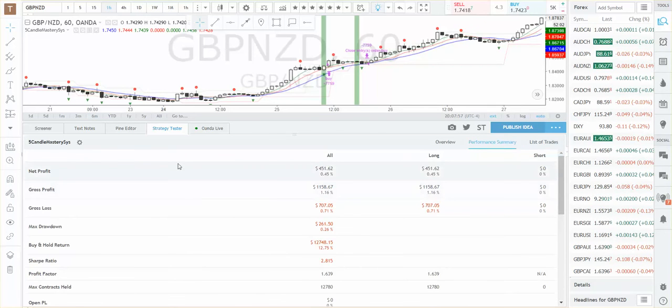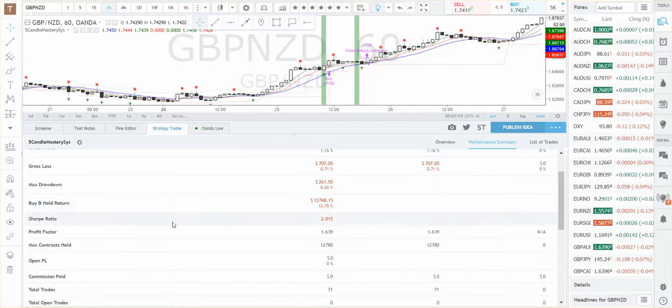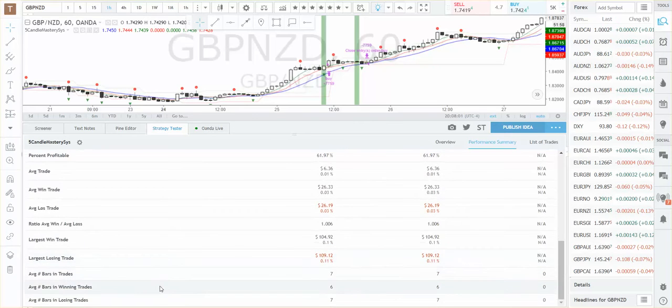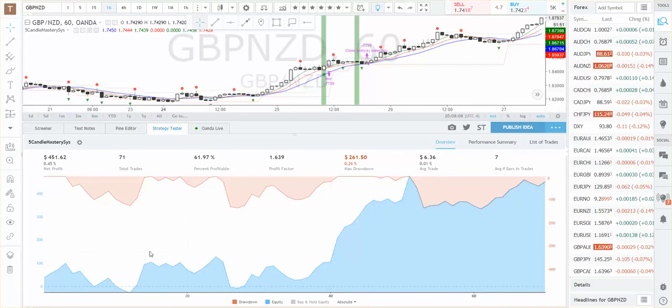Performance summary, this is just standard statistics on how the strategy performed for a particular setup. So this is why I like the strategy part, how I like to integrate strategies, because you can see how the indicator performed over time on a particular pair. Disclosure, it's not gonna look this pretty for all the pairs.